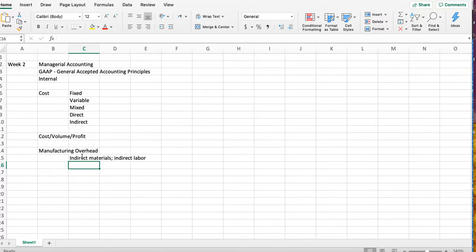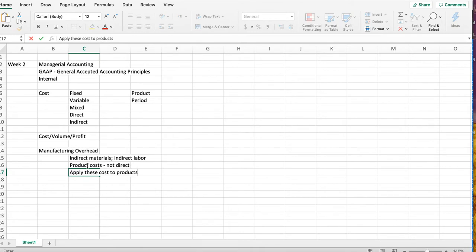And so remember it this way: there's product cost and there's period cost. You've got to understand the difference between those. You'll hear about it. You'll do it in your homework. But these are product costs that are not direct.